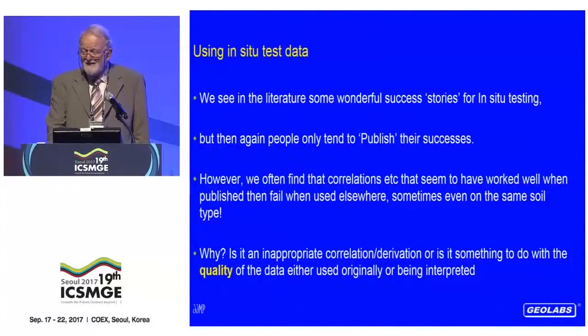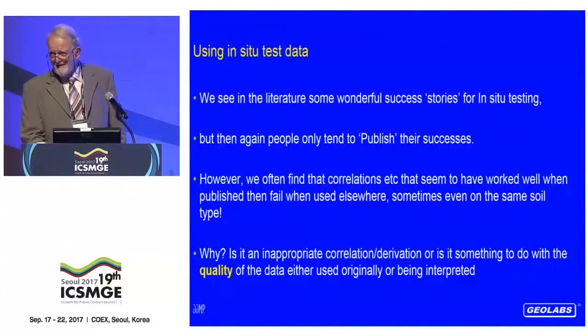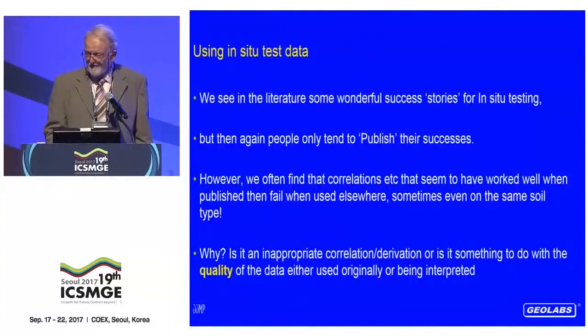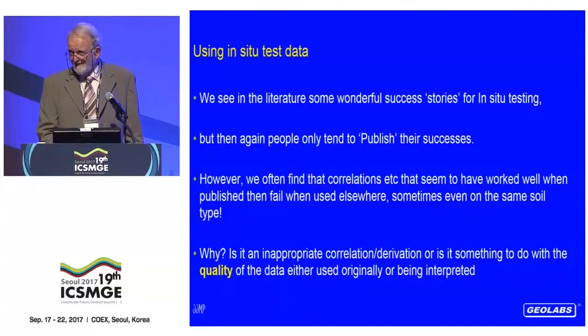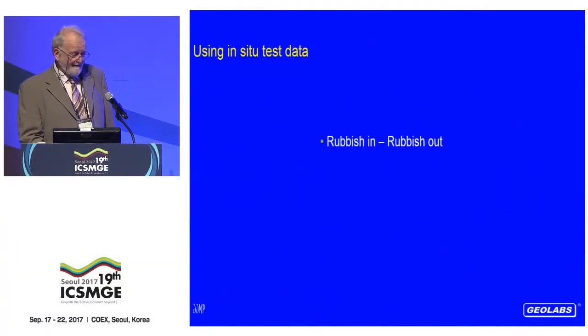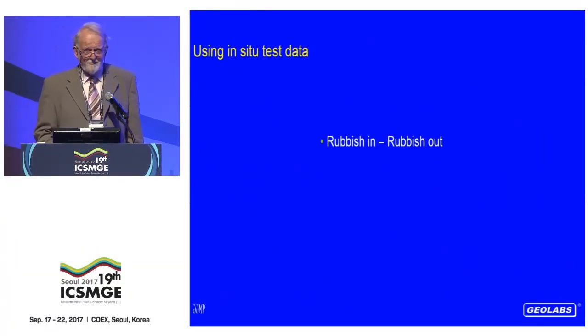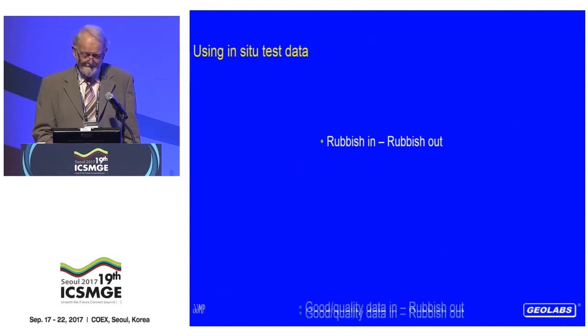So why is this? Well, it could be the quality of the data that was originally used in developing the correlations, or the quality of the data that has been gathered and is being used with that correlation now. This whole thing of rubbish in, rubbish out: if we have rubbish test results, then there's no point in trying to interpret them into geotechnical parameters.